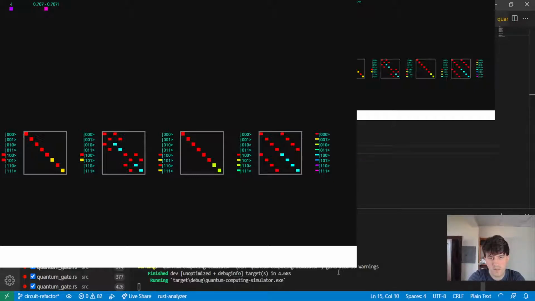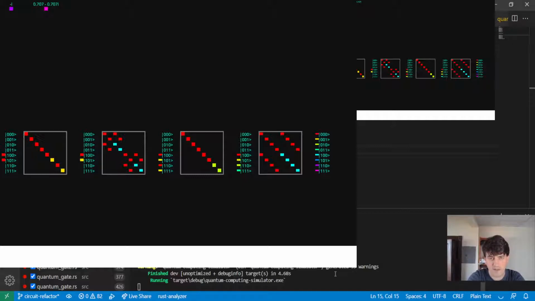Rotation by -1/4. Rotation by -1/8. Hadamard 0, 2, because it's its own inverse. Rotation by -1/4. And Hadamard 0, 3.